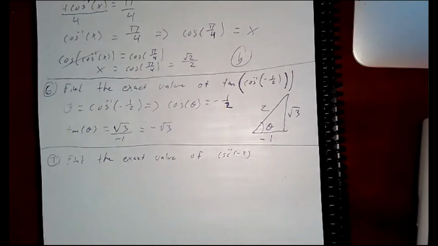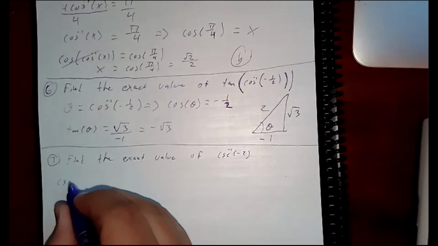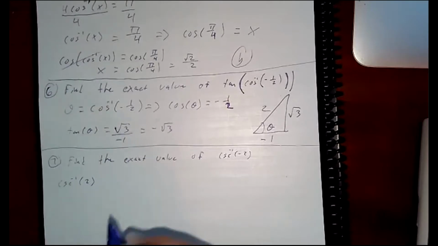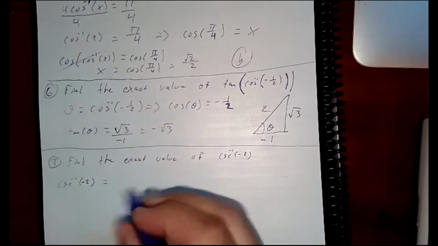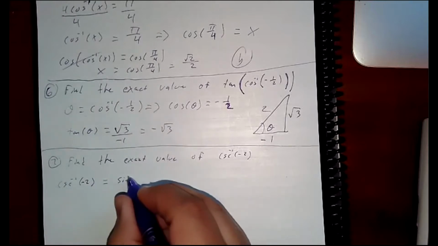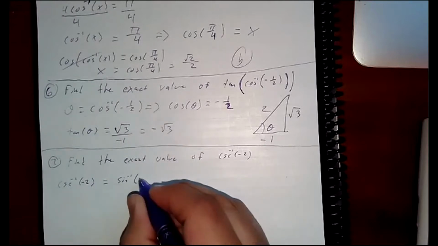Now, what is the reciprocal of cosecant? Sine. Yeah, it's going to be sine, right? So cosecant inverse of 2, or -2, is really the same question as sine inverse of the -half.